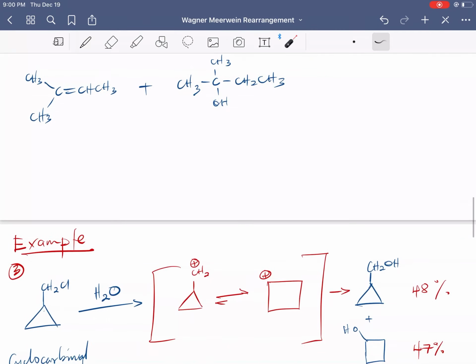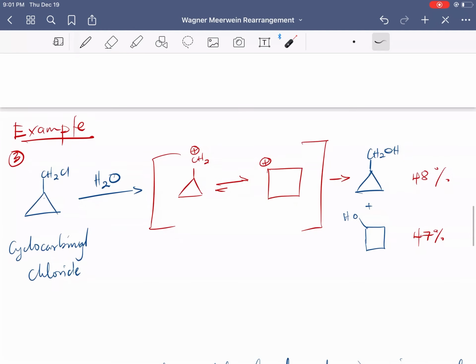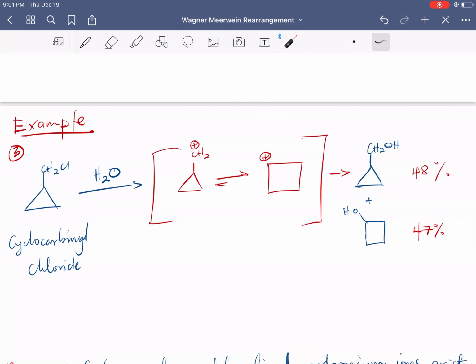Now another example we can look at is the hydration of cyclopropylcarbinyl chloride. Now this example is very important because this illustrates how Wagner-Meerwein is used to explain ring expansion. So in this reaction, we see that we generate a carbocation in this first step here, and then there's a rearrangement to form a 4-membered ring from a 3-membered ring.